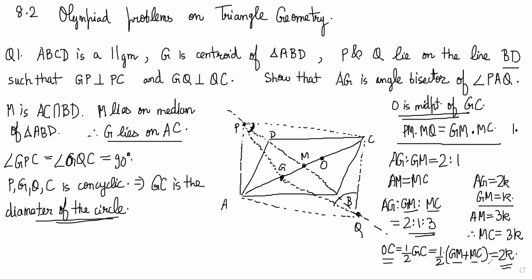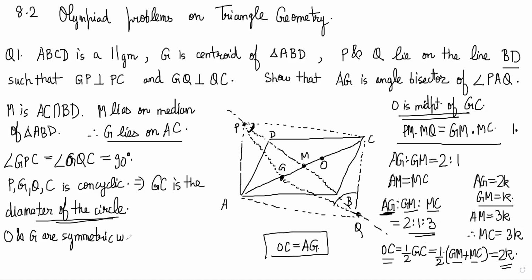That means the OC length is equal to the AG length, because AG was also 2K. So OC is equal to AG. Now you realize that O and G are symmetric with respect to point M.